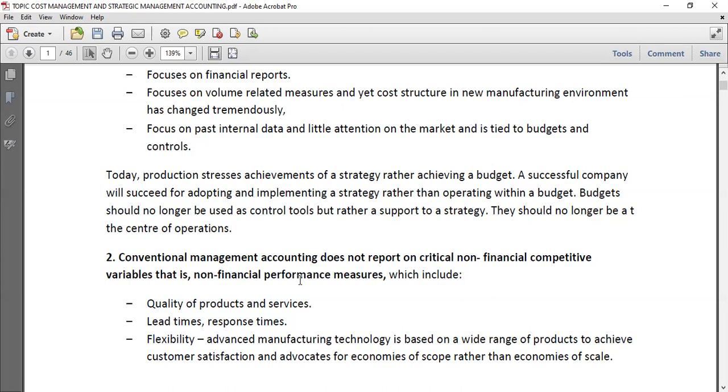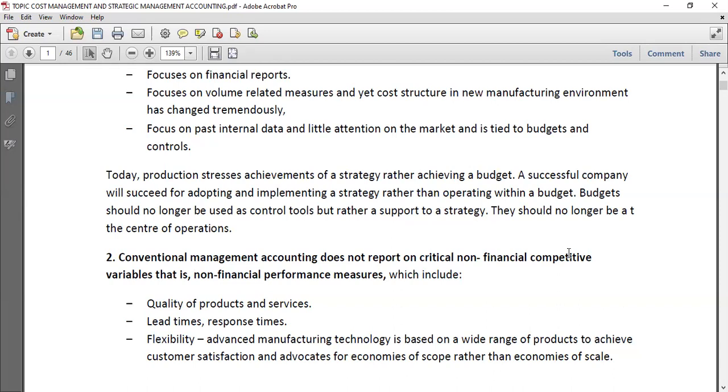Okay, and of course with the non-financial variables, things like customer satisfaction, things like innovation, things like improvement in processes need also to be taken into consideration. When we were looking at performance measurement, we spoke of how the balanced scorecard comes in to give us a picture of both the financial and the non-financial performance measures as well.